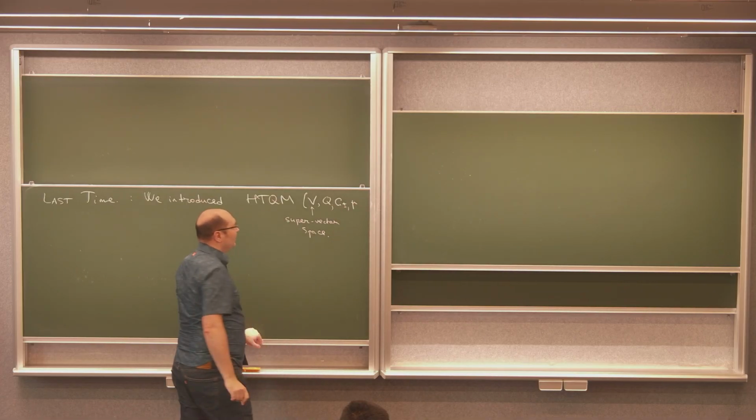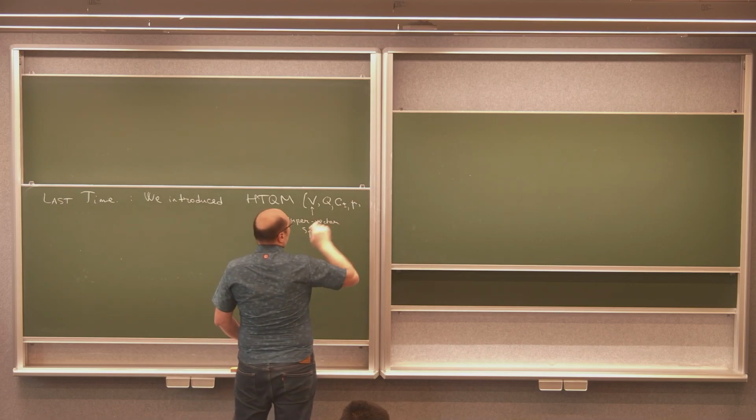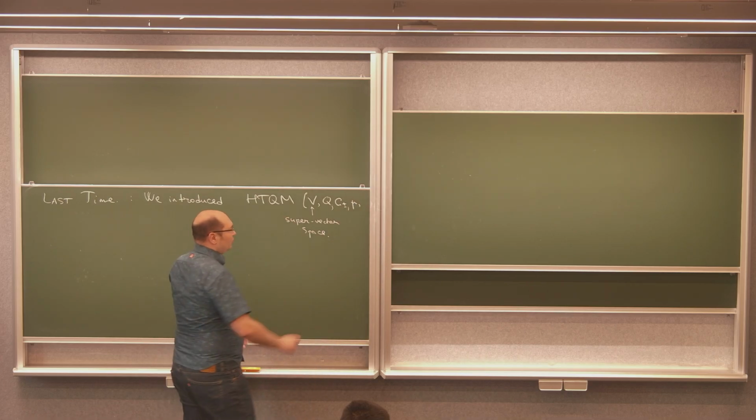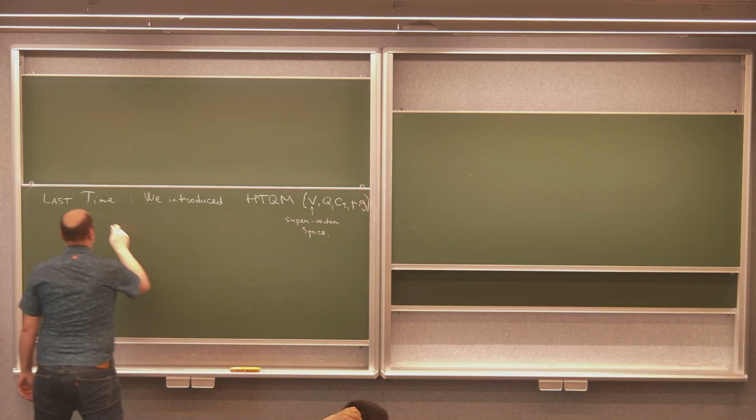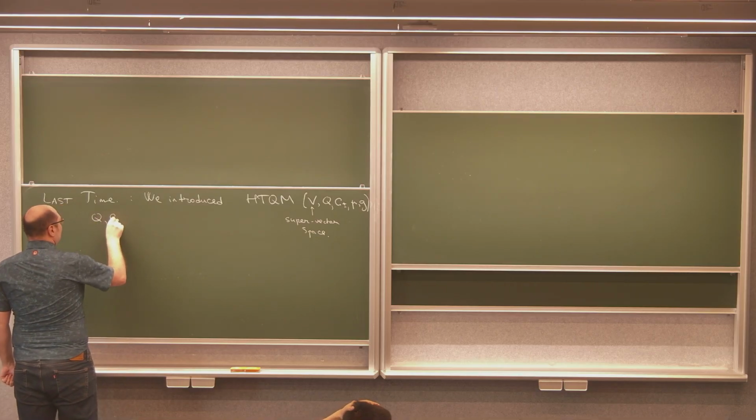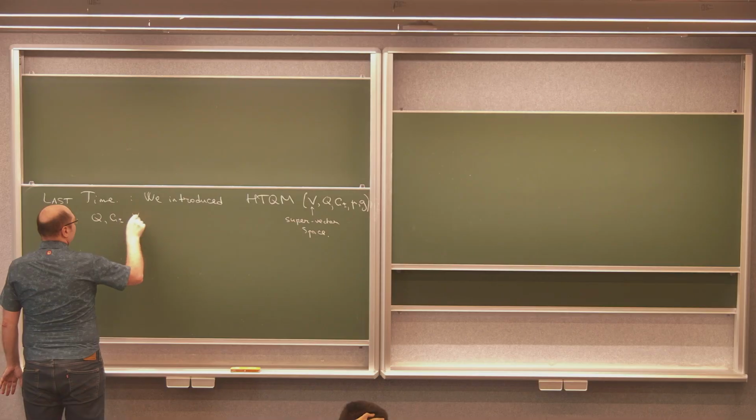We had a multiplication, which is graded commutative and associative, and some pairing g.